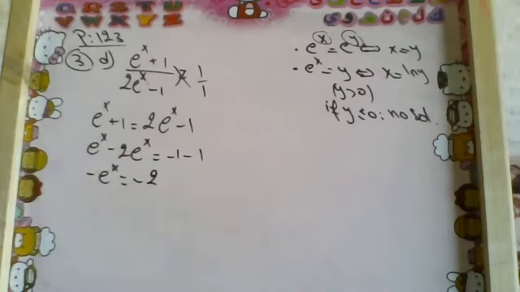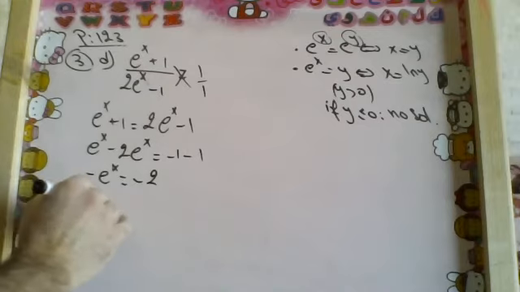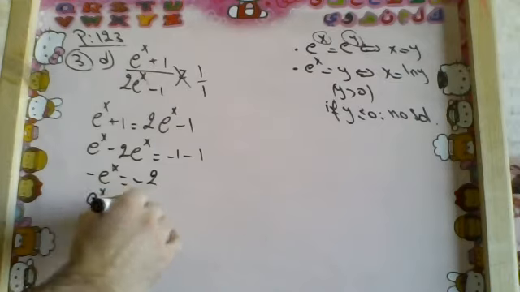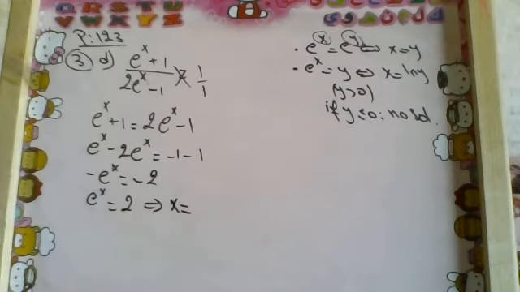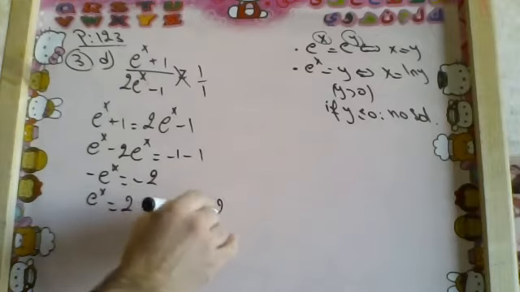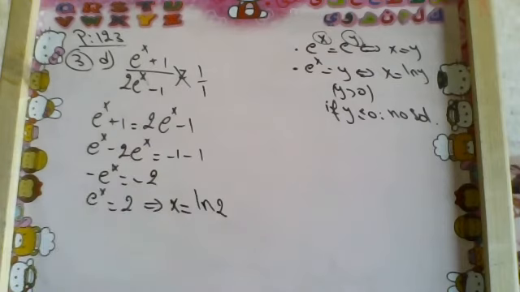And so e power x equal 2. Then what is x? We take ln, so x equal ln 2. Right. Okay, Yousef.